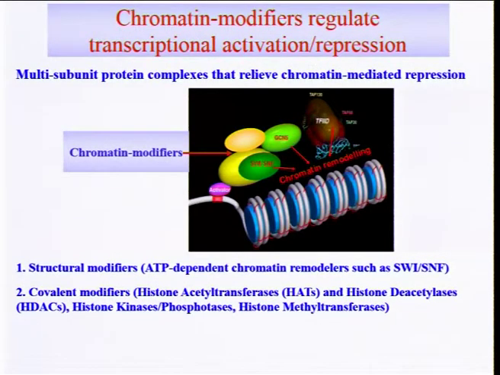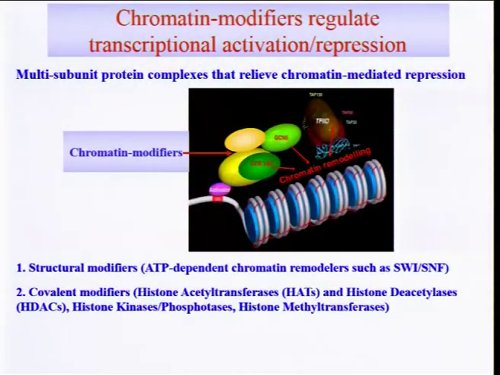So we're going to be talking about histone acetylation. This is an epigenetic mark on the histone tails that leads to transcription activation. It's a reversible effect. These acetylation marks can be removed by histone deacetylases to repress certain genes. And obviously there are also phosphorylation and methylation of the histone tails as well.